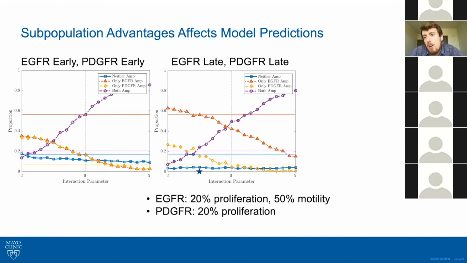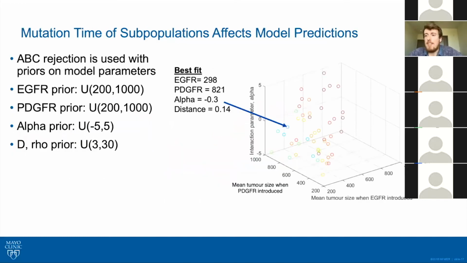And PDGFR, we only gave a 20% proliferation advantage. We see now that our best alpha is pointing towards competition. So now we have an example of all three. So yeah, it can get messy pretty quickly with the way that we've set up the model so far. But we need more sophisticated techniques to really tease out that relationship.